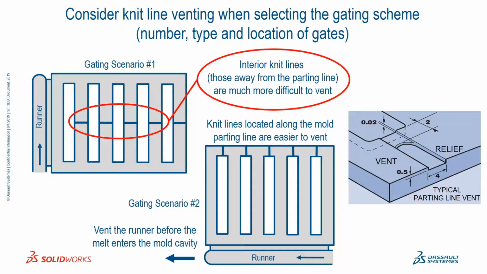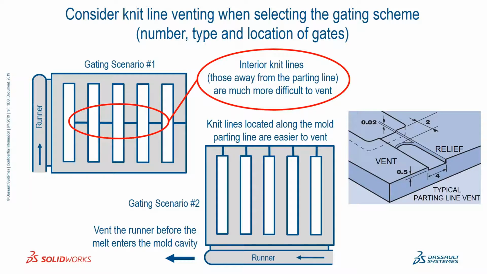Another important thing to think about with knit lines is the relationship between gating and knit lines. The geometry of the part itself will determine the location of the knit lines in conjunction with the gating scheme that's used. I use the term gating scheme, which essentially is the number of gates, the locations of the gates, and the types of gates.